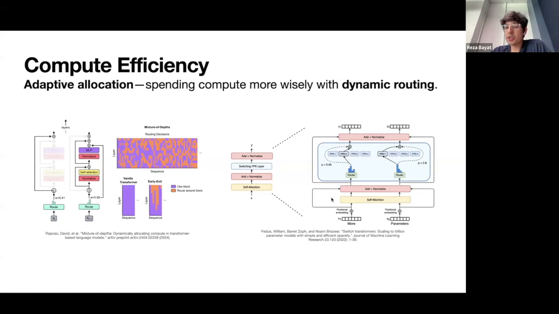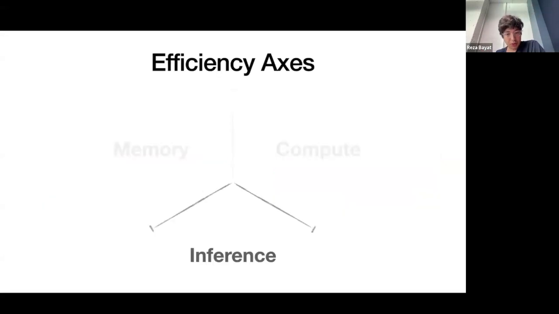We want it to be sparse, so we have more efficient pre-training, and we can also leverage this type of efficiency during inference. So this one gives us compute efficiency, and then we are going to look at inference efficiency as well.